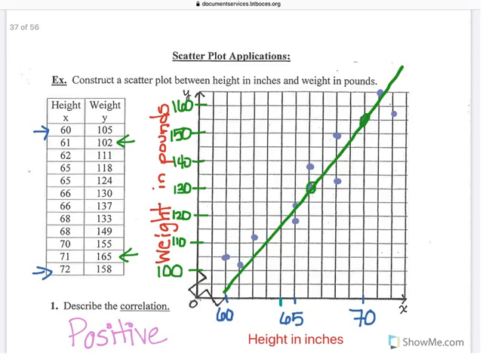So if I were to guess by looking at my graph, I would go to 64 inches and I would look at the line. Now my line's not perfect because I couldn't really use a straight edge, but I would guess that that person's weight would be probably around maybe 116 or so based on my line.